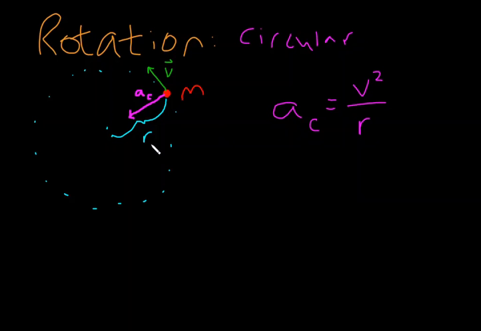Okay, so now we can define a few rotational quantities as well. So we know it has a velocity v, right? If it is in a circle, it also then has an angular velocity omega. And omega is equal to v divided by r, right?